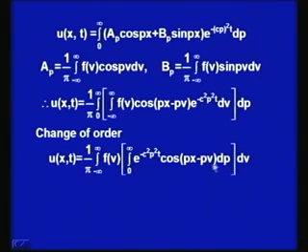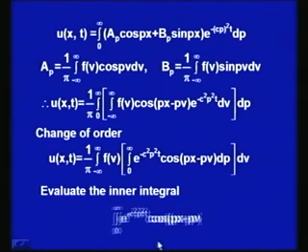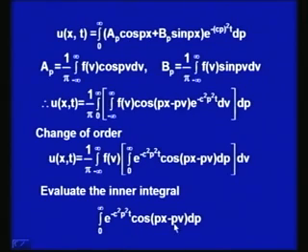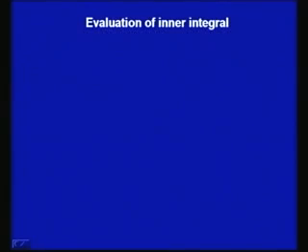Now, let us find this inner integral: 0 to infinity e to the power minus c square p square t cos(p(x minus v)) dp. We have to evaluate this integral. Let us come to the evaluation of this inner integral.